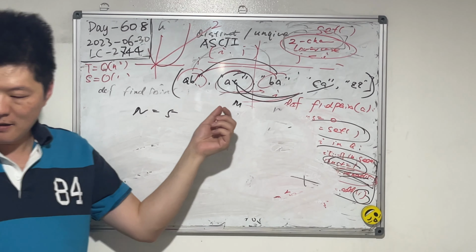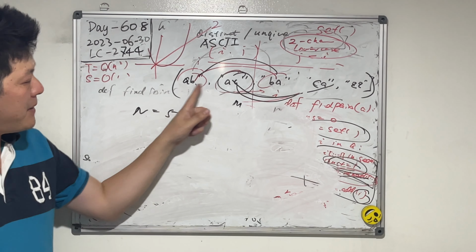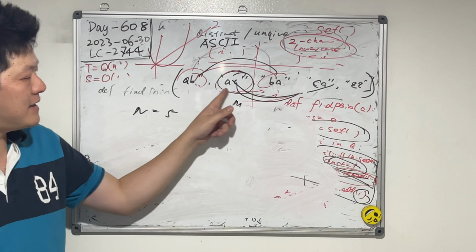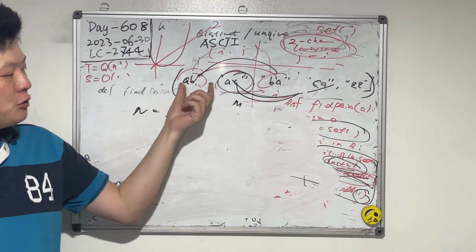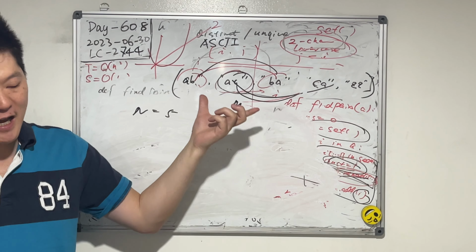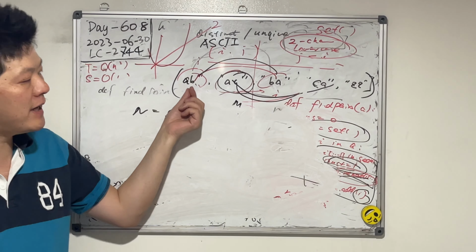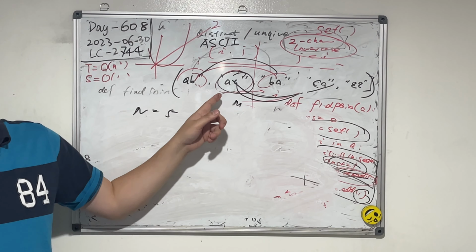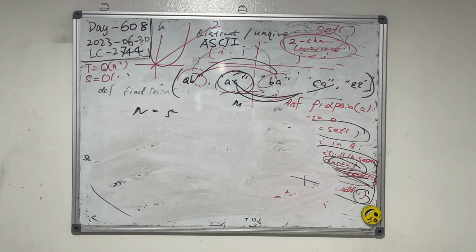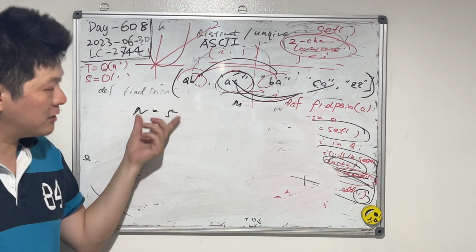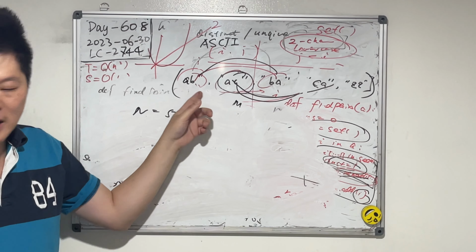Okay. If I'm saying AB and BA is the same group, AC and CA is the same group. Two strings, if they are paired up with each other, they're the same group. Okay, so how many groups are there? N equals 5 because there are 5 elements. And how many groups are there?